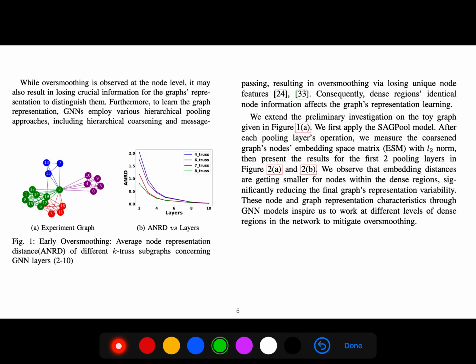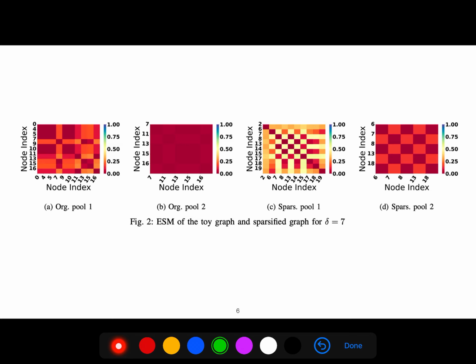So this shows early oversmoothing: the average node representation distance of different K-truss subgraphs with respect to GNN layers. And this is the ESM of a toy graph and the sparsified graph.